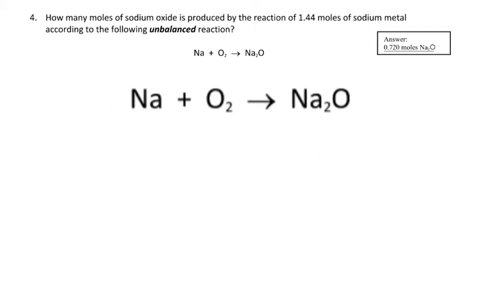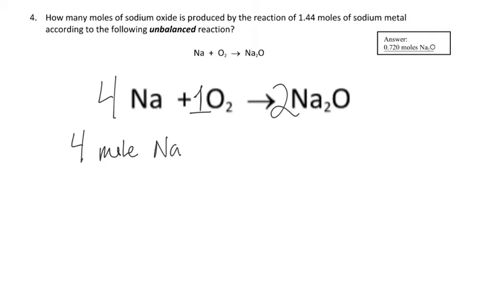All right, so continuing with the problem, we have 4 sodium atoms, 1 oxygen molecule, and 2 molecules of sodium oxide. So if we look at the ratio, it's 4 moles of sodium metal.